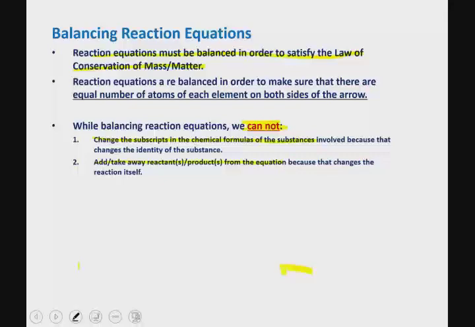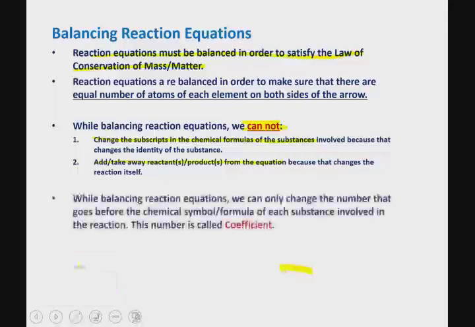So the only thing that we can do when we are balancing reaction equations is change the number that goes in front of the chemical formulas of substances in that equation. This number is called the coefficient. That is the only thing we can change while balancing an equation.